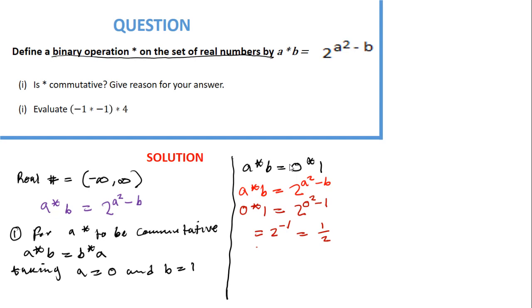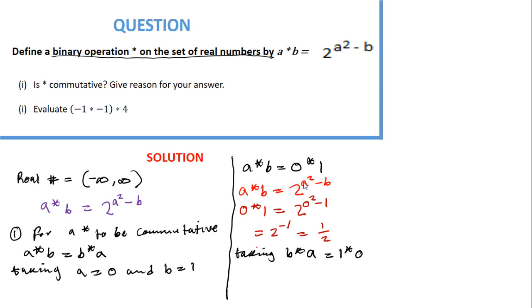Since I've gotten a star b, let me now take b star a. If you look at b star a, I've swapped. So that simply means this is going to be 1 star 0.